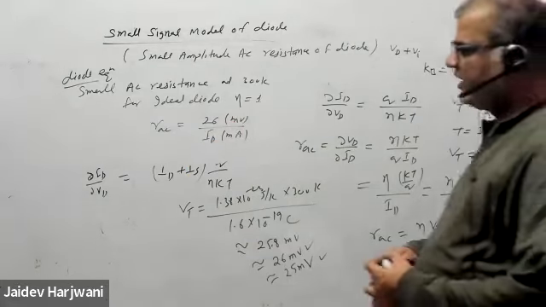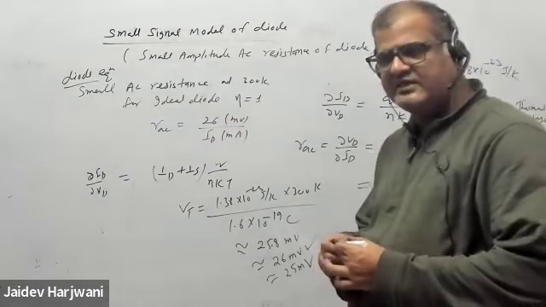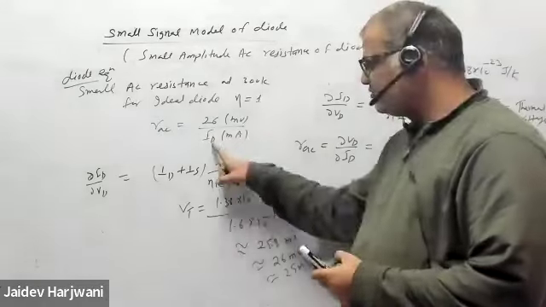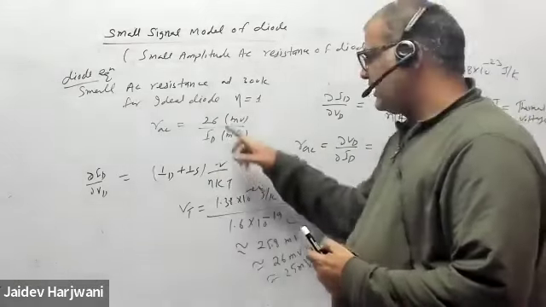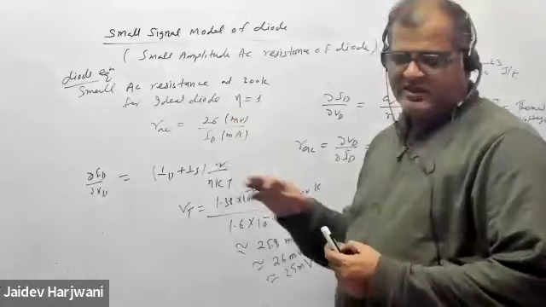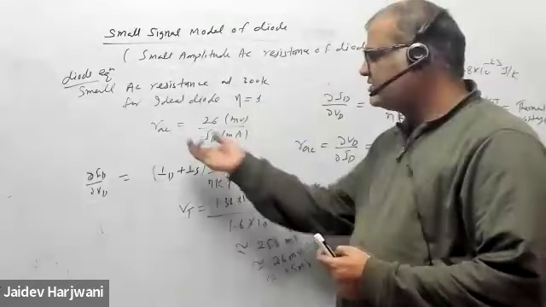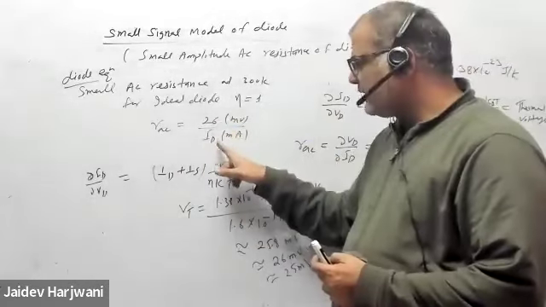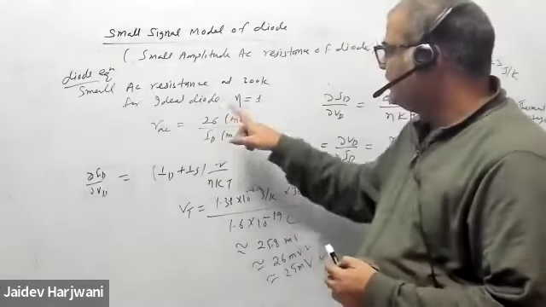First I need to find how much ID is flowing due to the DC source, and then use this formula to find how much resistance the diode shows when I apply AC.